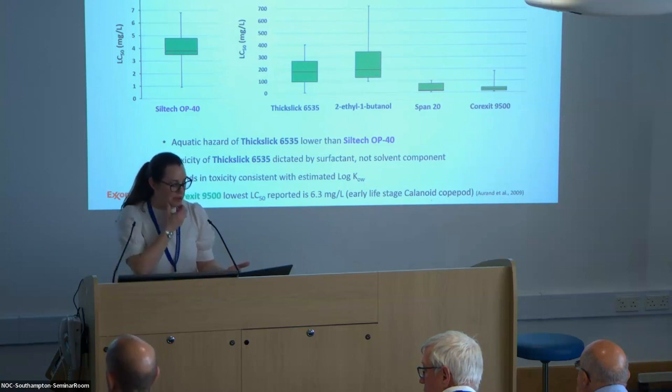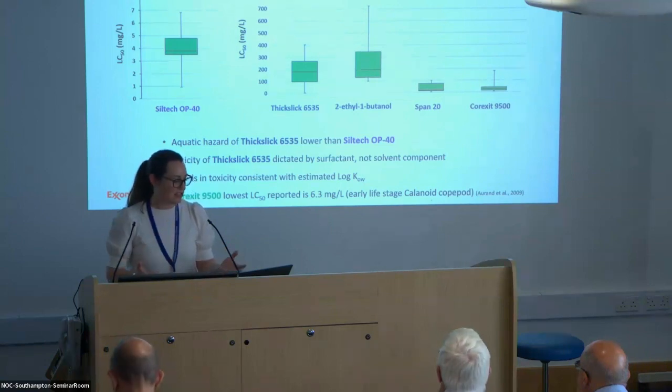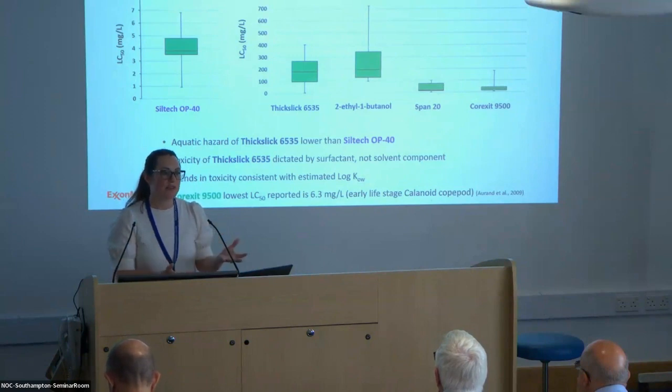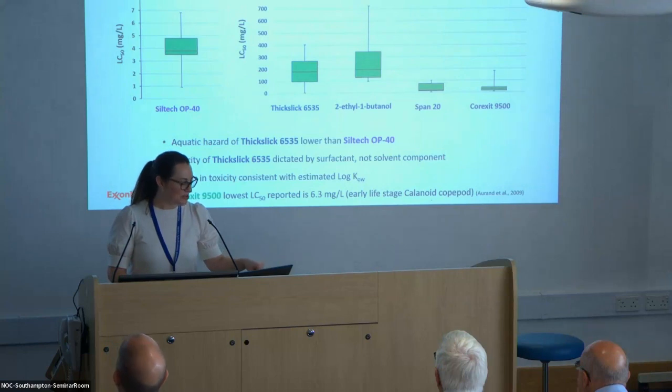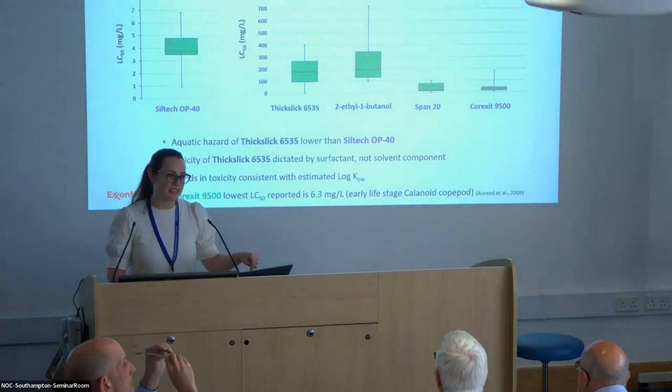But one thing that is important about that comparison is the volume that we're actually applying here. The volume of herder that we're applying is almost two orders of magnitude lower than the volume of Corexit that would be applied. As you can see from this data, first I want to remind you that the lower the LC50, the more toxic it is.